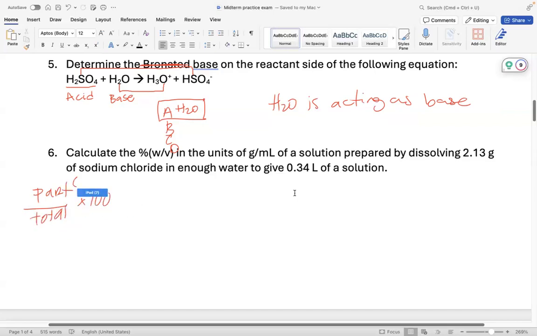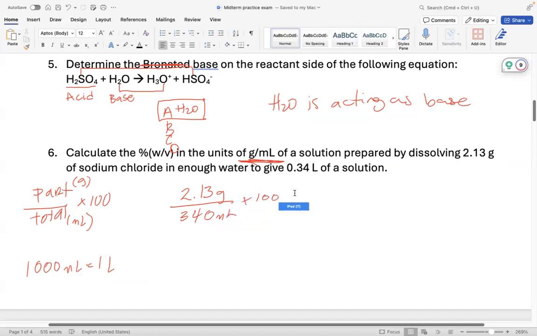We need to make sure our grams are on top and our milliliters are on bottom, and the problem reminds us of that by stating it here. So we want our 2.31 grams on top. We want milliliters on bottom, and we're given 0.34 liters. So 1,000 mL equals 1 liter. So 0.34 liters is like saying 340 mL, times 100.